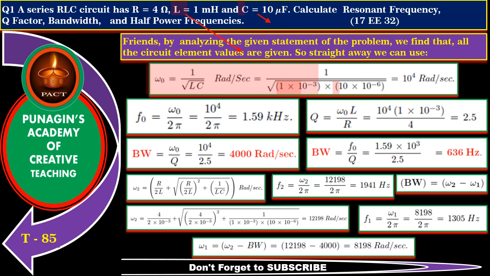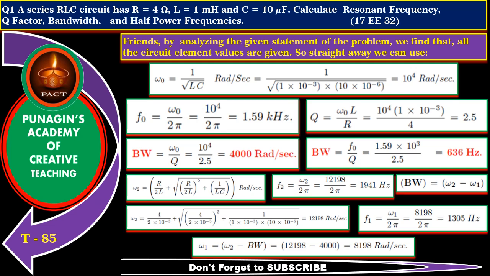By substituting the values of L and C and solving, we get omega naught is equal to 10 to the power of 4 radians per second. And also we know f naught is equal to omega naught by 2 pi. By substituting the values of omega naught and solving, we get f naught is equal to 1.59 kilohertz.